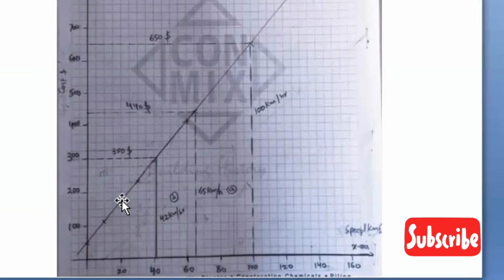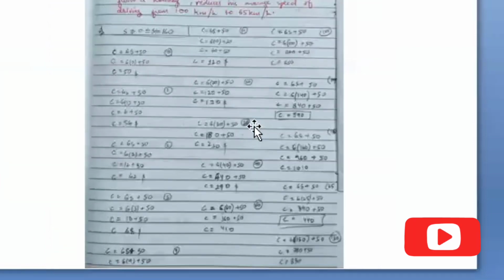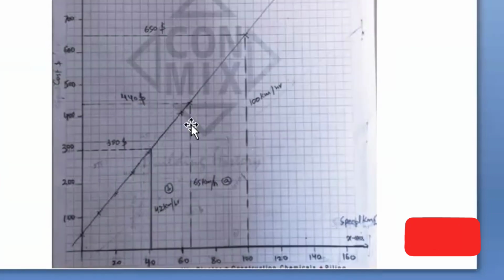So this is another point. The third coordinate we have is (20, 170). In this way, I solve and then I plot all the coordinates from this solution. I got all these points and then I drew a straight line through them.